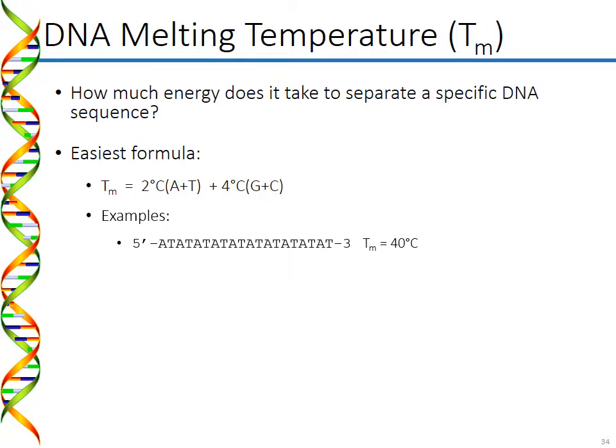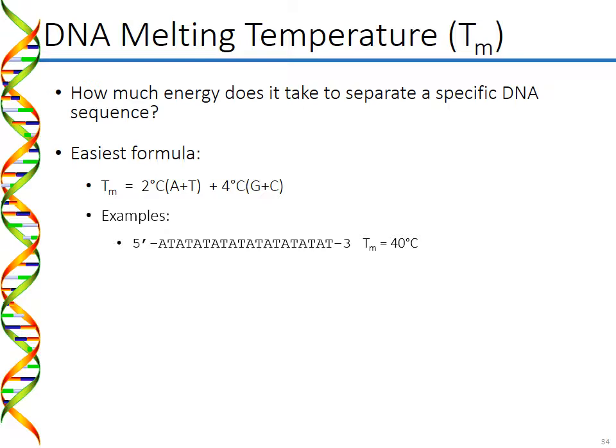So for example, here we have a string of 20 AT bases, 5' to 3', and the Tm for this would be 2 degrees Celsius times 20 nucleotides of A and T plus 4 degrees Celsius times 0 because there are no GC bases.